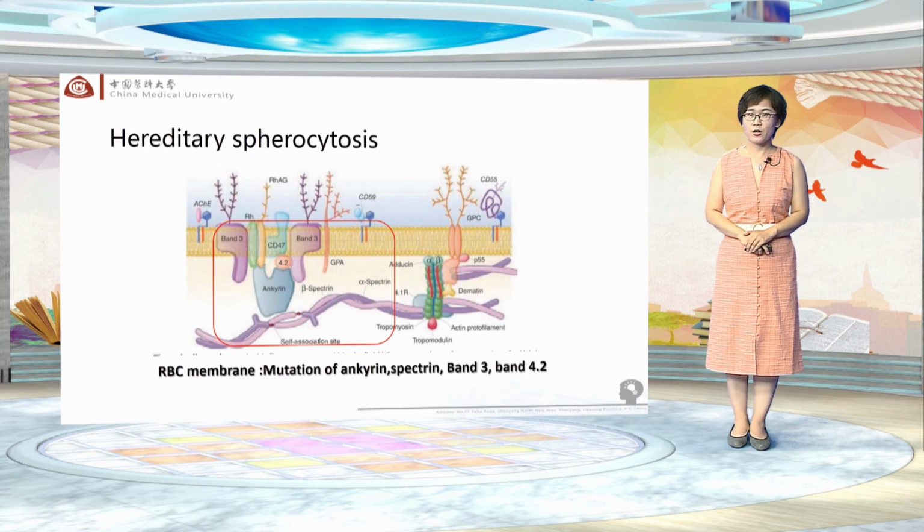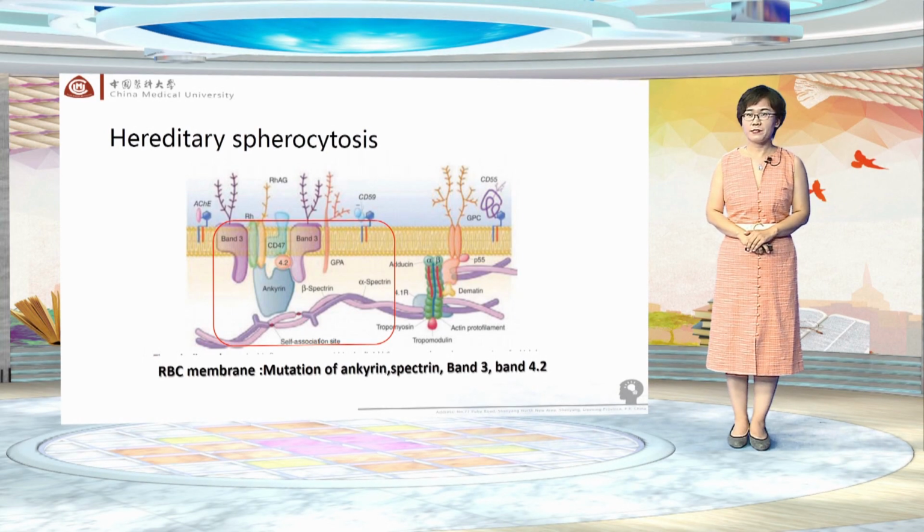This is a picture of the membrane of the red blood cell. You can see that within the lipid bilayer are several membrane proteins, of which band 3, also called anion exchanger 1, is the most abundant.